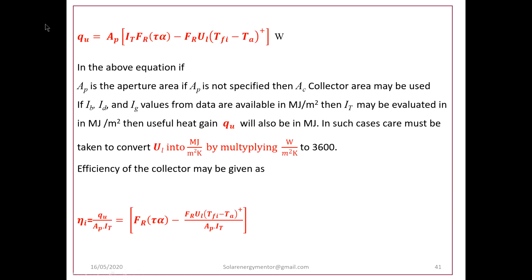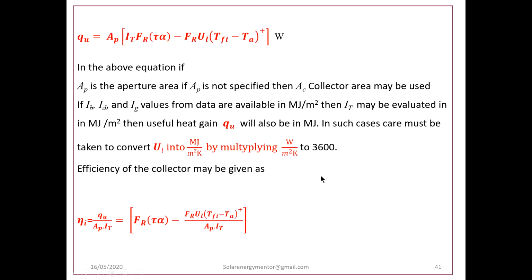Now again concentrating on this HWB equation, AP is the aperture area. But if AP is not specified, then the collector area AC may normally be used in place of AP.